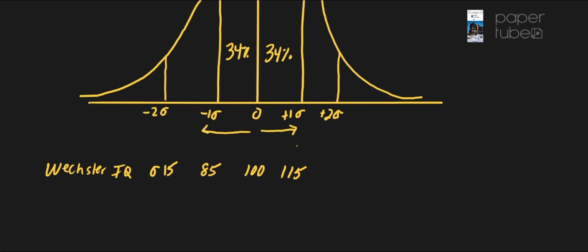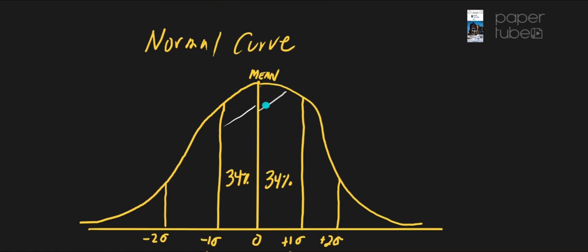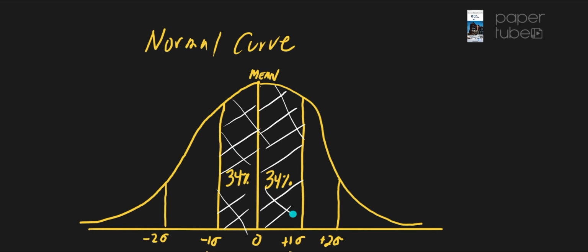If we were to shade in this area which reflects 1 standard deviation above and below, you can see that it accounts for 68% of the population. Going out to 2, this represents another 13%.